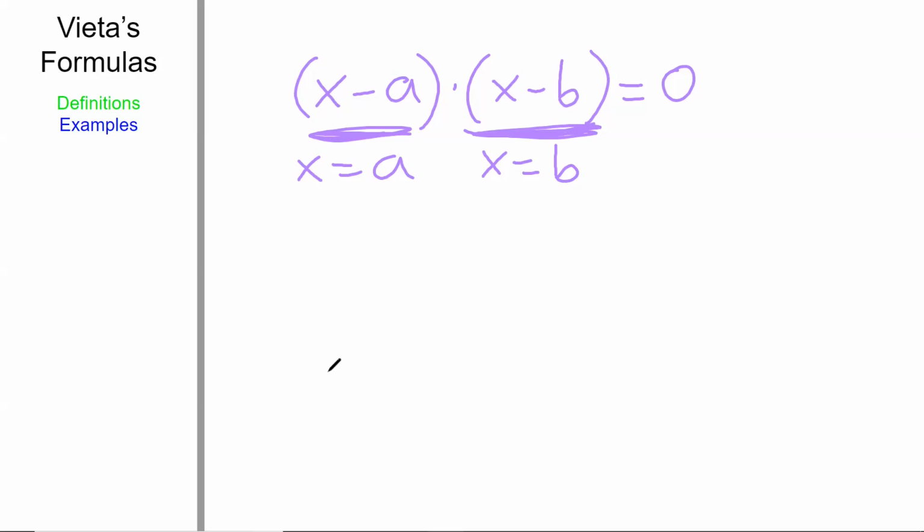So let's try to expand this entire thing. Can anybody expand this for me and tell me what you get?